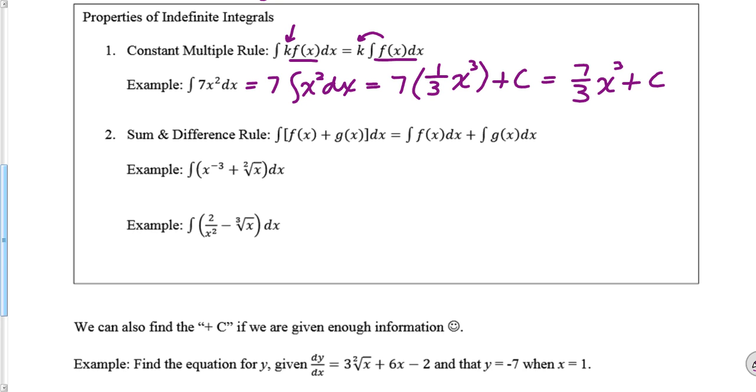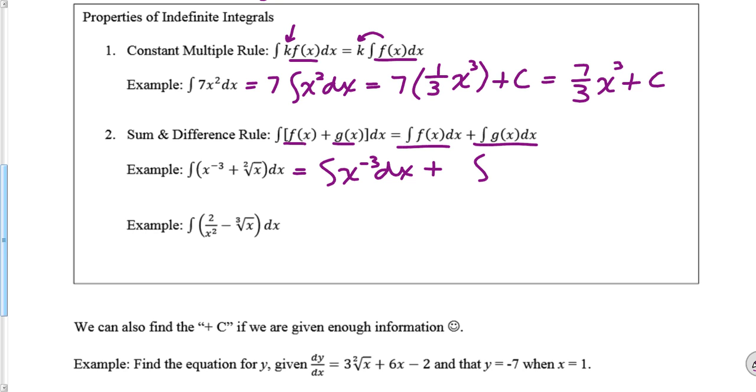The sum and difference rule is the same again for derivatives. If I have two functions or two monomials, however you want to look at it, two terms that I'm adding together inside of an integral, I can break that into a single integral of the first term plus a single integral of the second term. So in this example, I can rewrite that.